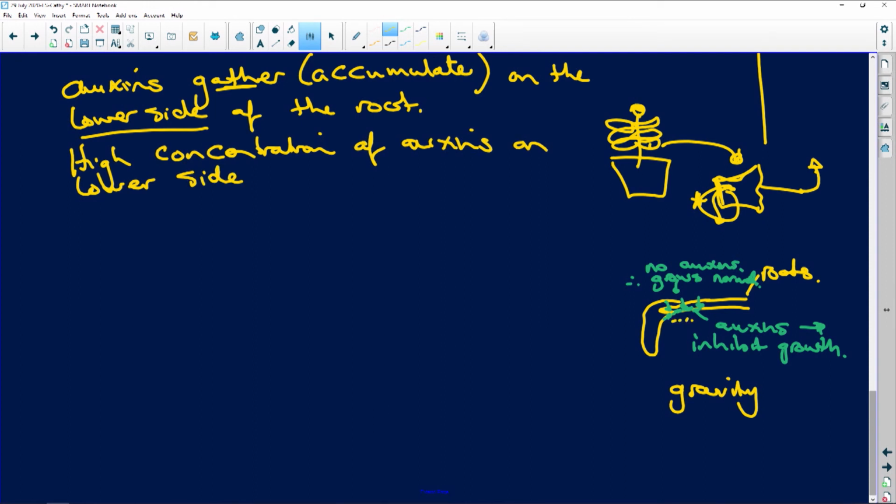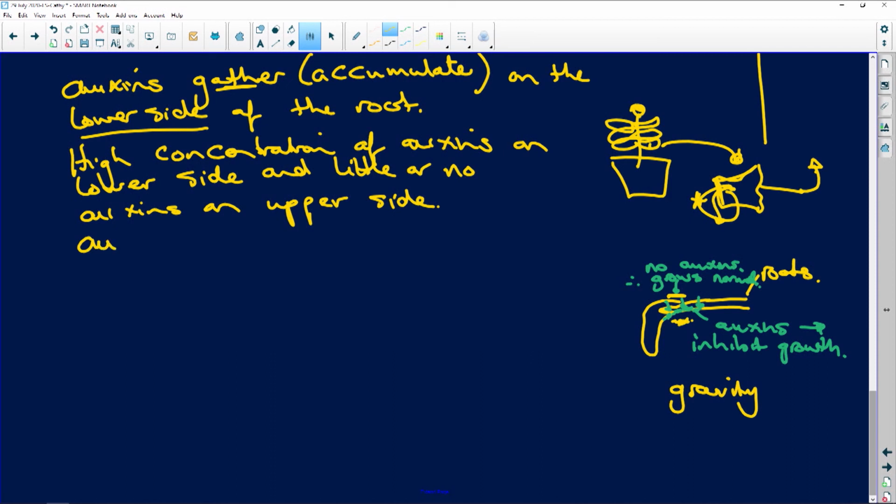On the lower side, and little or no auxins on the upper side. Okay, so they're not here anymore, they're down here. All right, and what happens? Auxins inhibit.